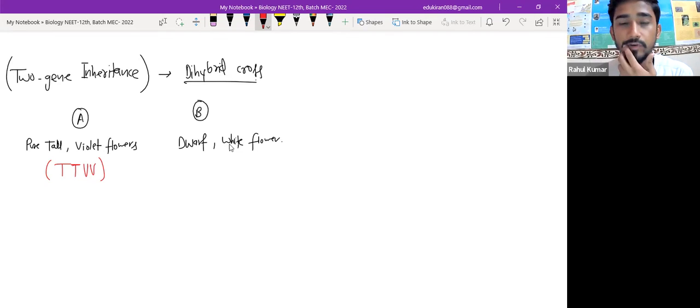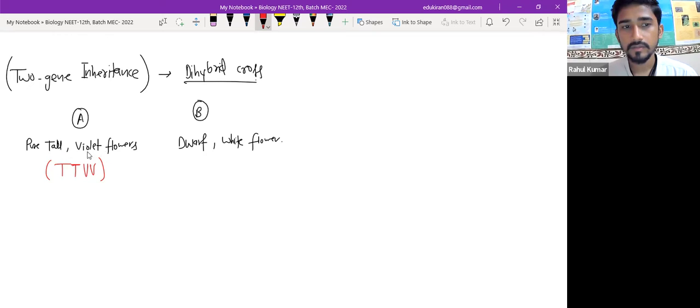Basically, you should take it as W, because did I tell you that we take the alphabet from the recessive gene? That is the right notation, but NCERT does not follow the right notation all the time. To make you understand, for tall it takes capital T, and for dwarf it takes small t.